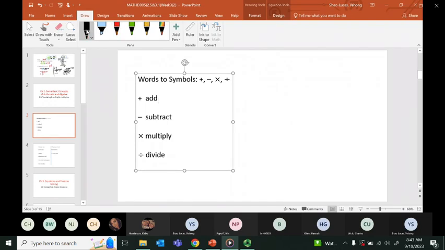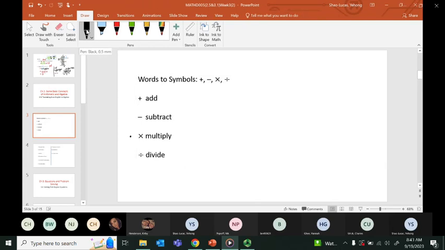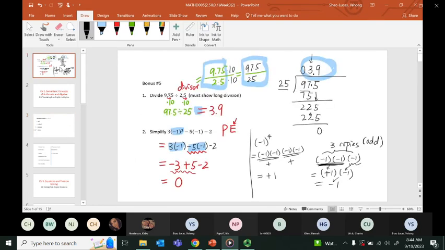Besides the cross sign, we often use a dot, because the cross sign can be mixed with the variable x, since we're using a lot of variables now. And division, we also have two symbols: a little horizontal line to represent a fraction or division, or a slash. So these are the symbols. We also introduced the exponent, right? So raise the number.